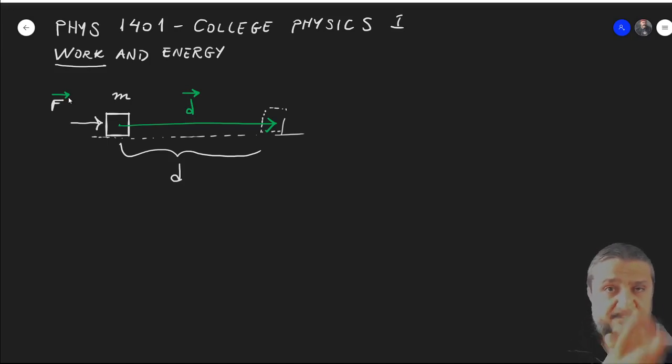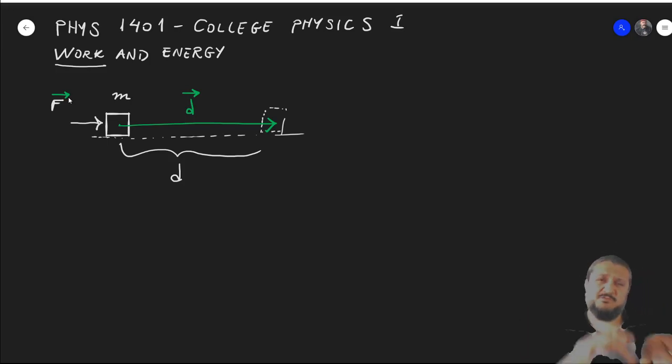Now, before I give you the formula, let's think about the general case. This was specific. The force was horizontal. The motion is also horizontal. Now, what if the force and motion were horizontal but pointing in different directions? Sometimes it happens.